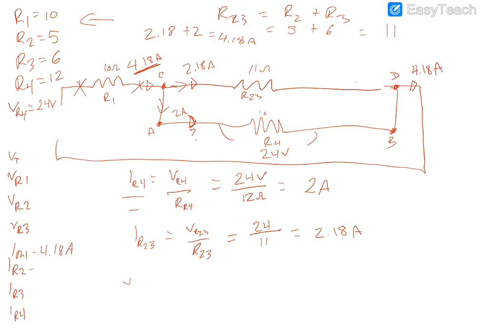So the voltage of R1 is equal to the current of R1 multiplied by the resistance. 4.18 amps times 10 ohms will give us 41.8 volts.